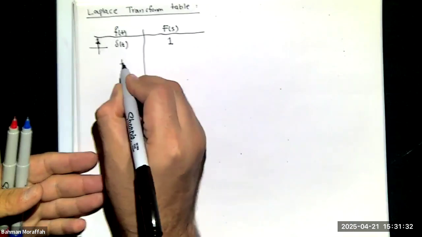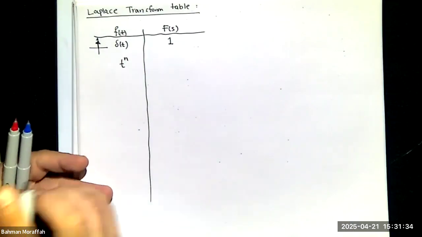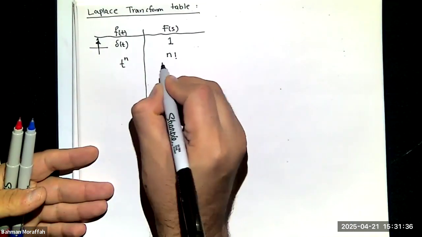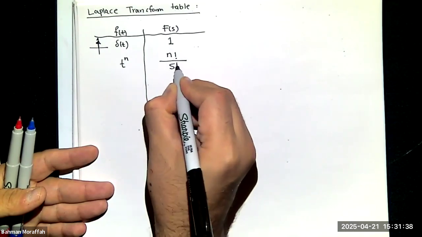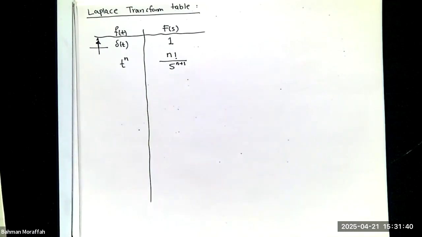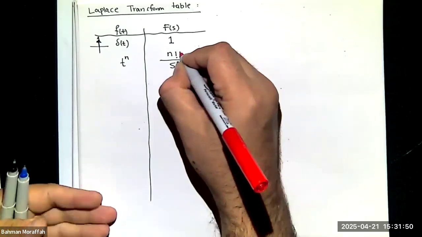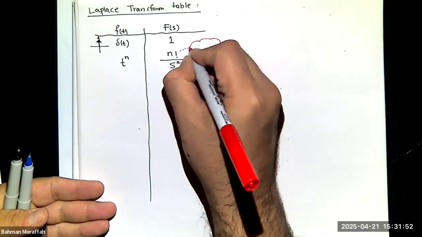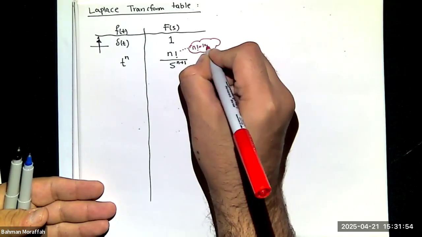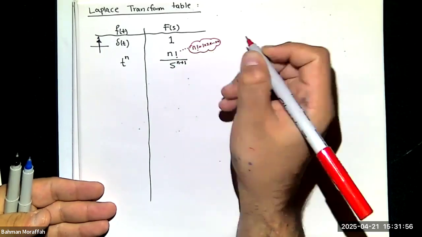If I have t to the power of n, the Laplace transform is n factorial over s to the power of n plus 1. We know what n factorial is, right? It's 1 times 2 times 3 all the way to n.